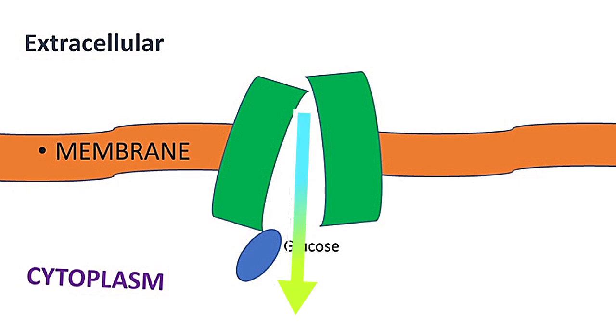So glucose comes in on one side, on the extracellular side, and this transport protein allows it then to go across the membrane into the cytoplasm. Before this happens, the cells have no access to that glucose. So you should appreciate how important the transport of glucose is.